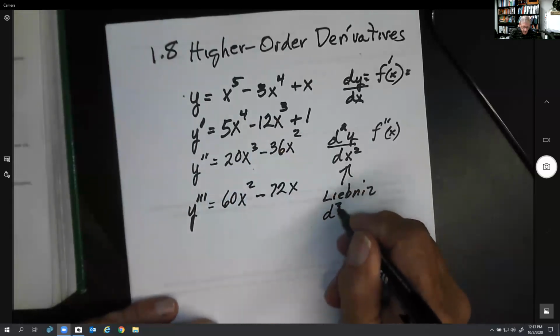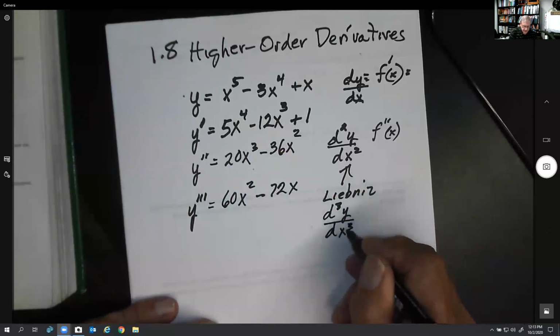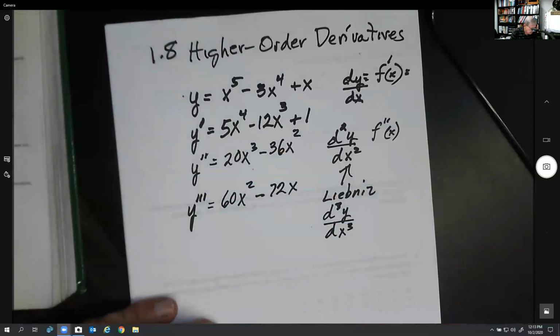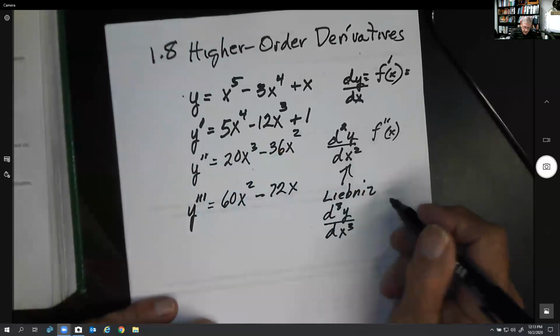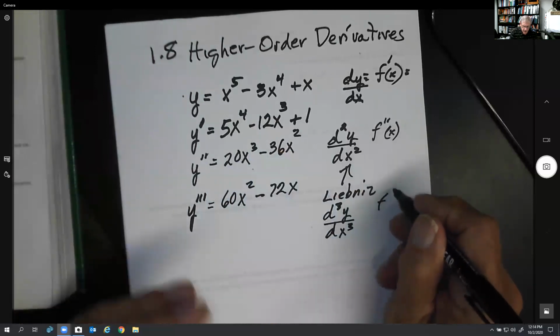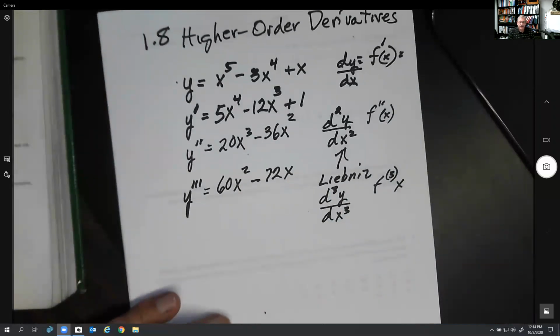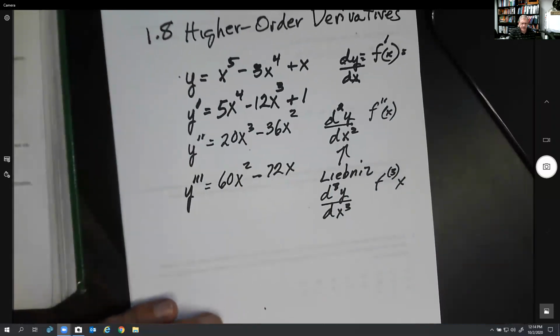This would be the third derivative with respect to x, the third power of x, so those two numbers would match up. And then we could also write it as f. If we're going to use a number here, we usually put it in parentheses, like we could write it like that. We're taking the third derivative.